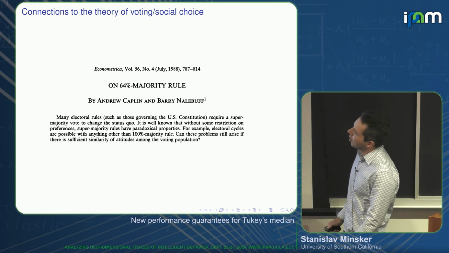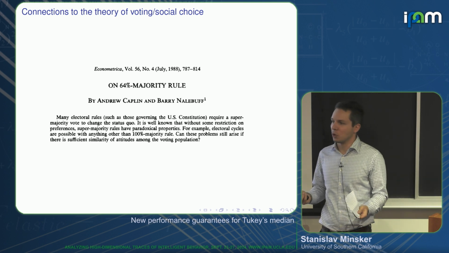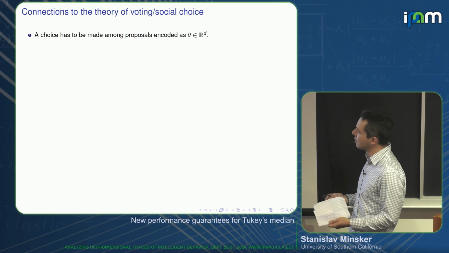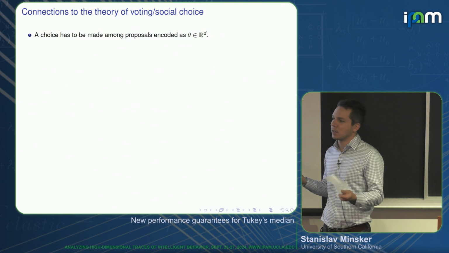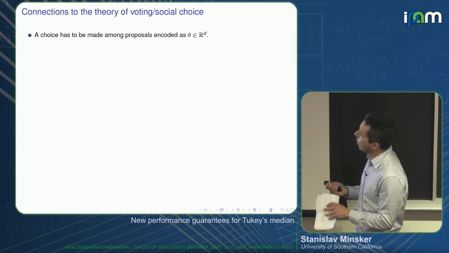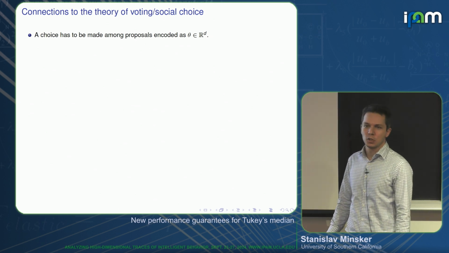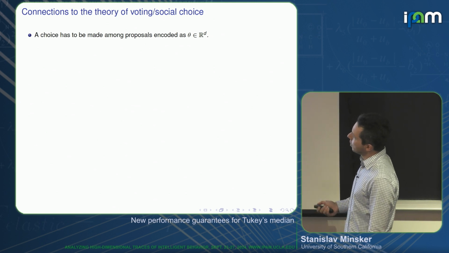So it turns out that we can connect Tukey's median to the theory of voting and social choice. So econometricians, well, it's like asking the question: how should we vote, right? You wouldn't expect that this is somehow connected to Tukey's median, but let me convince you that a very natural model actually leads to the same construction.